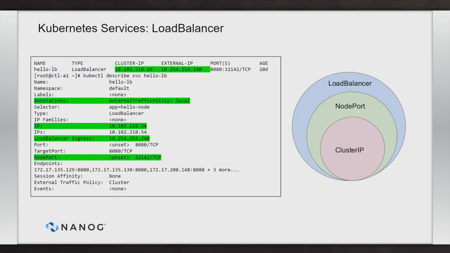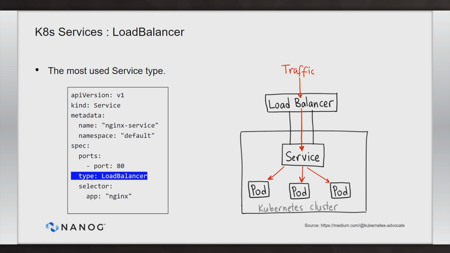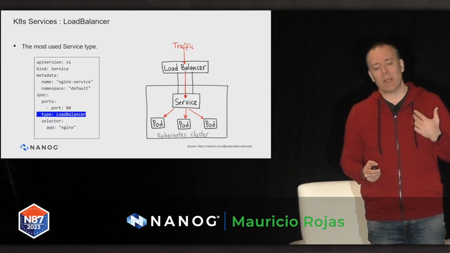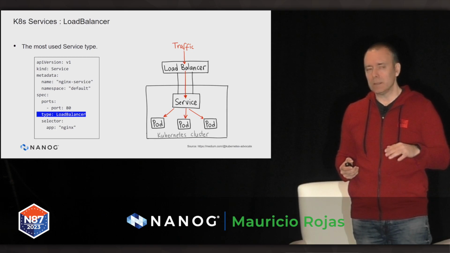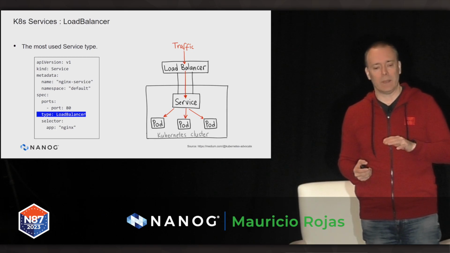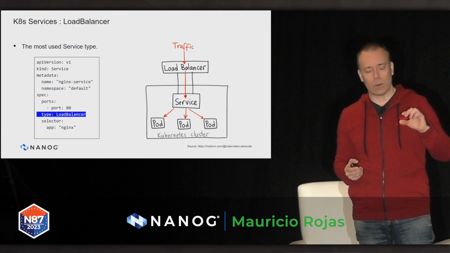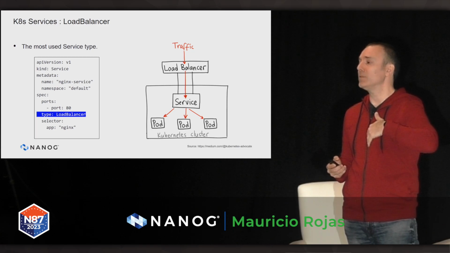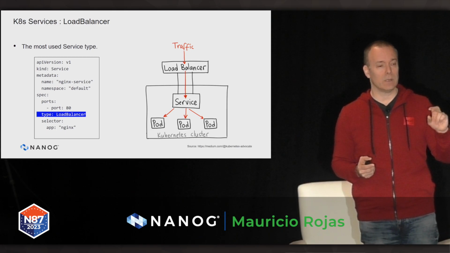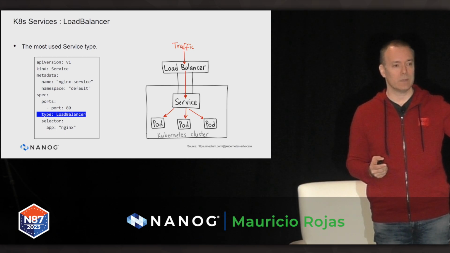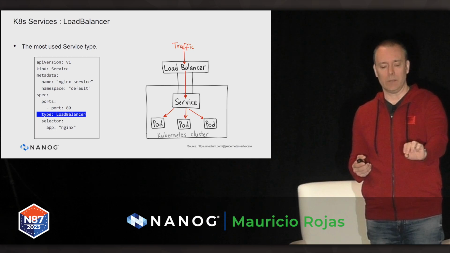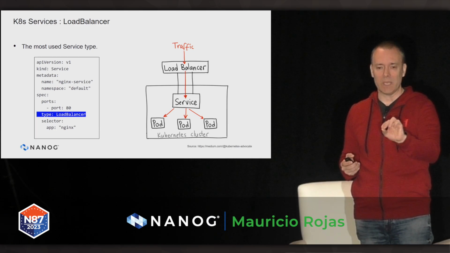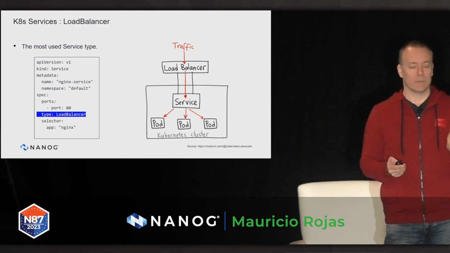And everything is going to be that simple, just defining the type load balancer service. When you create the load balancer, there is a setup part on the Kubernetes where you define what is going to be the prefix that the load balancer is going to use. And every time that you create a load balancer service, it's going to take one IP from that prefix, and it's going to tell you directly on the Kubernetes what is the IP address that it's using. Okay.